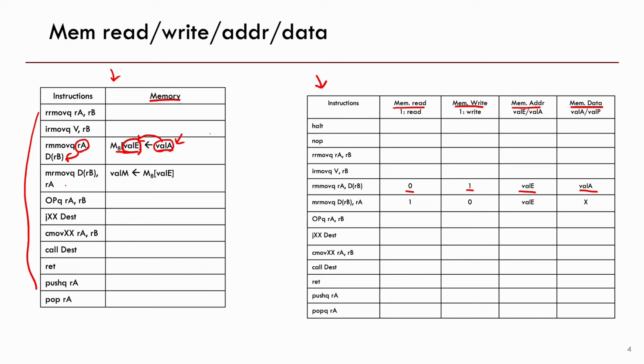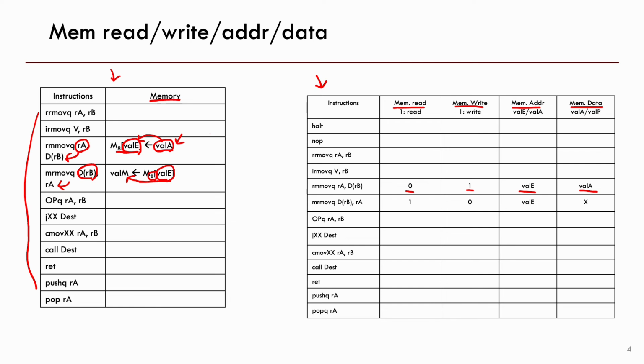And for the mrmovq instruction, which reads the value from memory address D plus rB and puts it into register rA, we again read the memory address at valE, which is rB plus D. How many bytes do we read from memory? 8 bytes, and we put this value into the memory value valM.